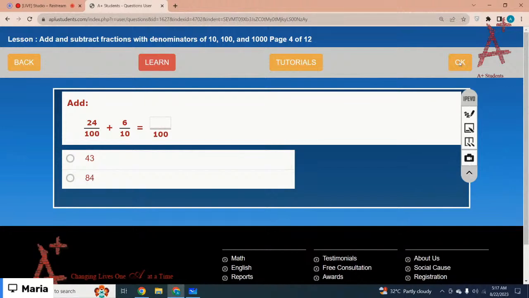Add 24 over 100 plus 6 over 10, which is the correct option? 43 is missing or 84 is missing, which is the correct option?